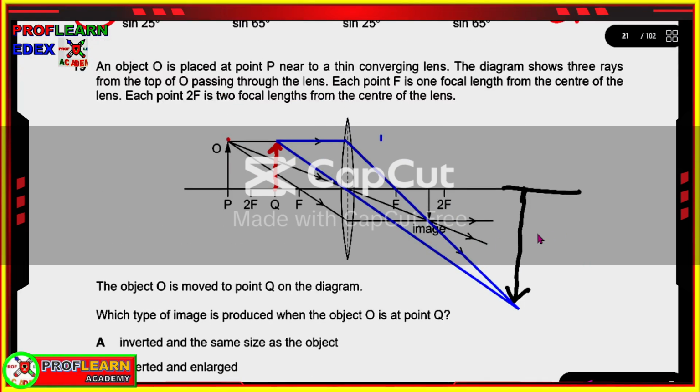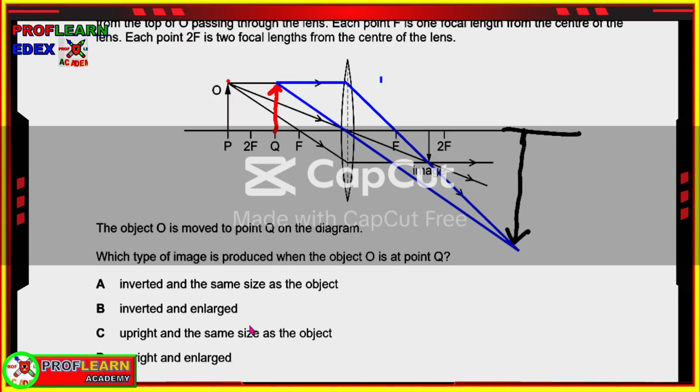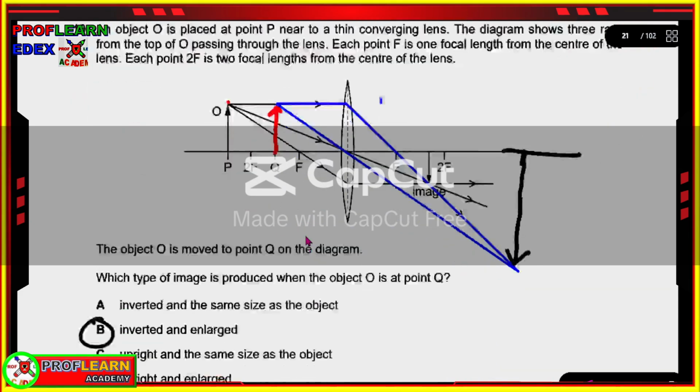The image is upside down, inverted, and enlarged. Inverted and enlarged, so the correct answer there is B, for question number 19.